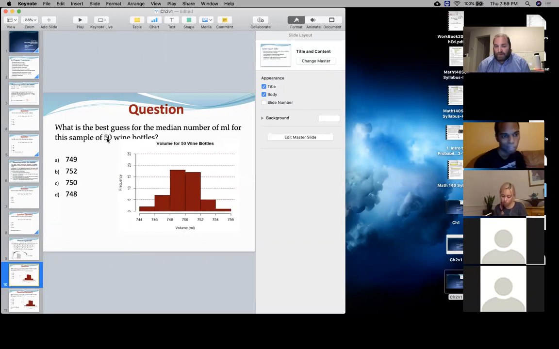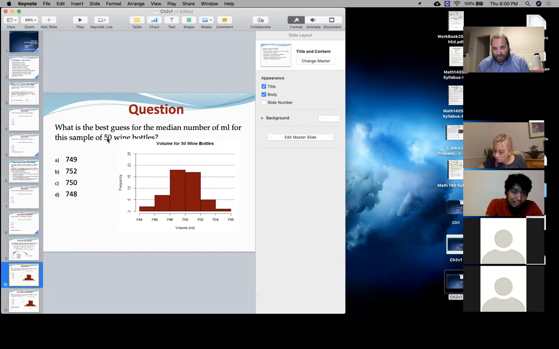In terms of the 50 data points, 1 through 50, the median is halfway between which and which? Which position is the median in? 25th place.